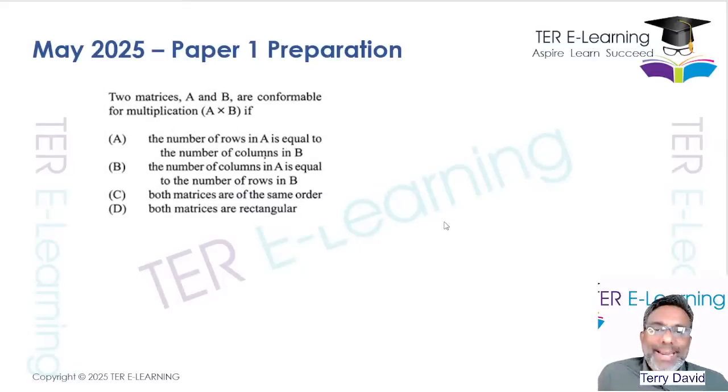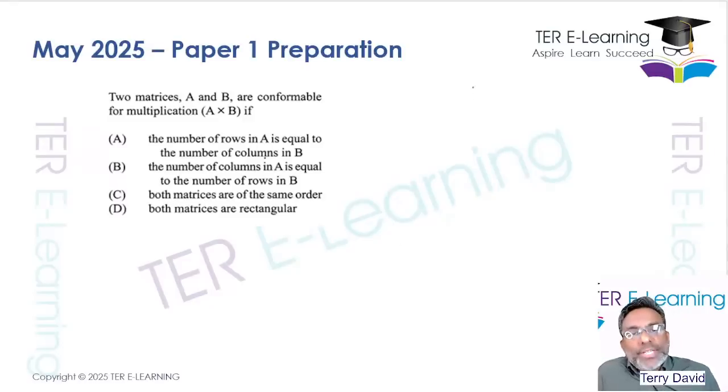Two matrices A and B are conformable for multiplication if... Alright, I've seen some answers coming through here.